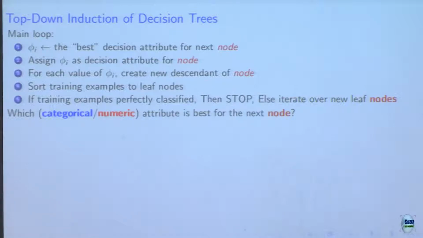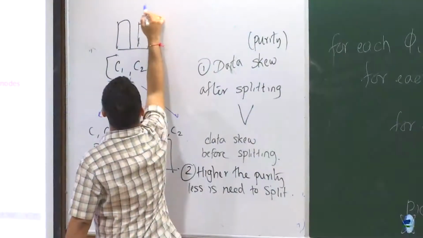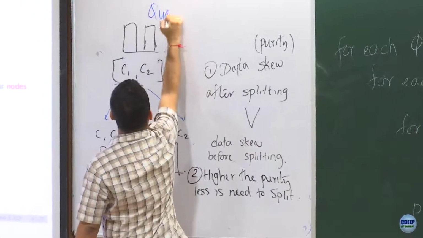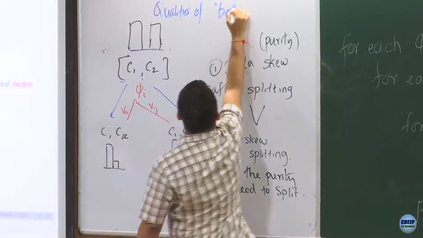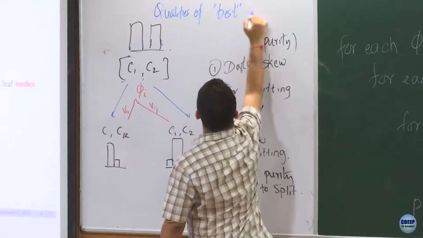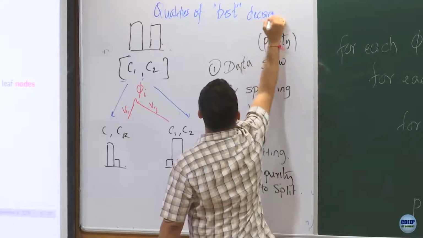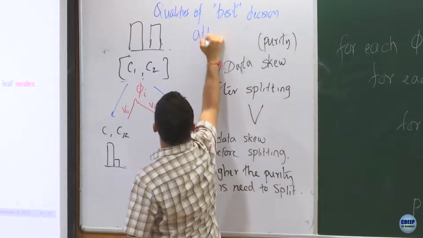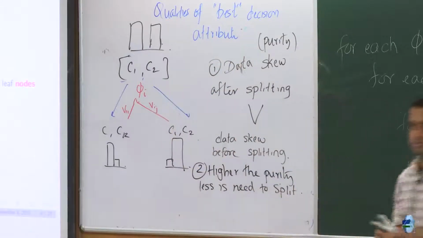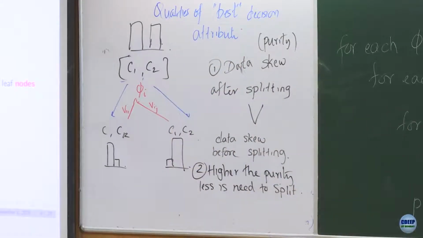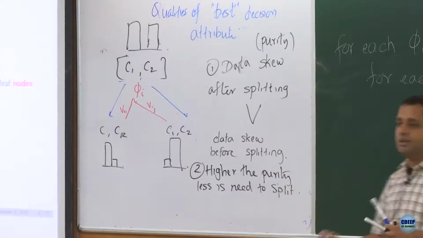So these are qualities of the best decision attribute; we will see more of those. One quality is that the data purity after splitting is greater than the data purity before splitting.